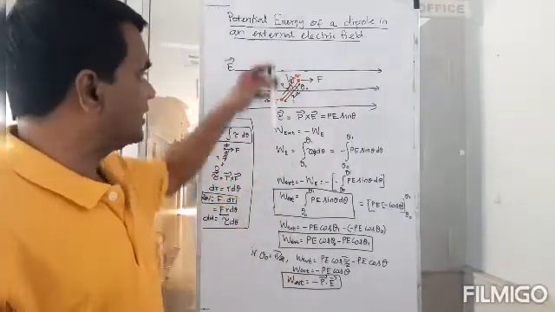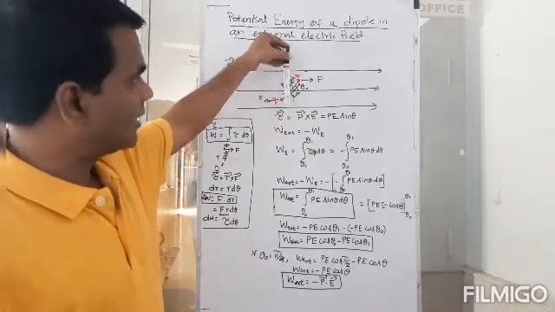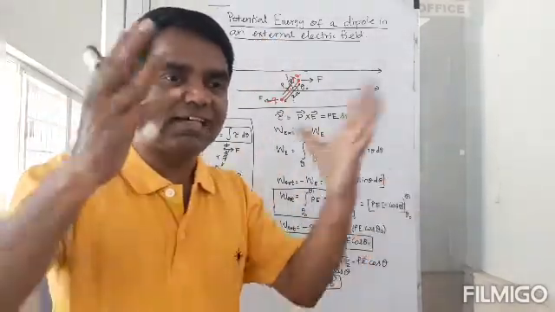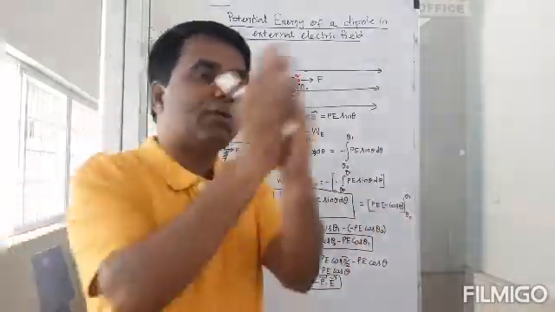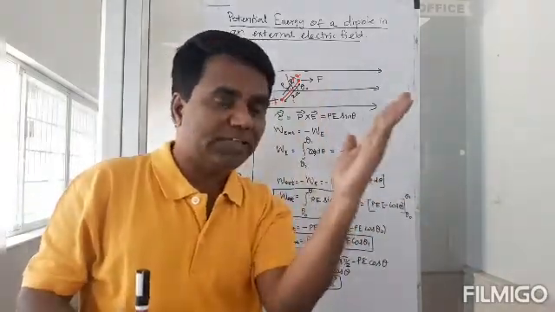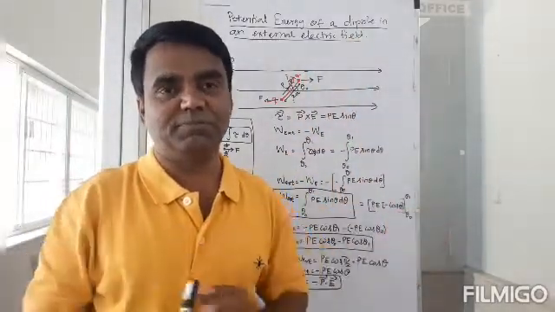So the reference angle is pi by 2. At pi by 2, what is the potential energy? 0. And at any other angle, you will have potential energy. And when you go from one angle to the other angle, what is the potential energy difference? P final minus P initial. Simple.